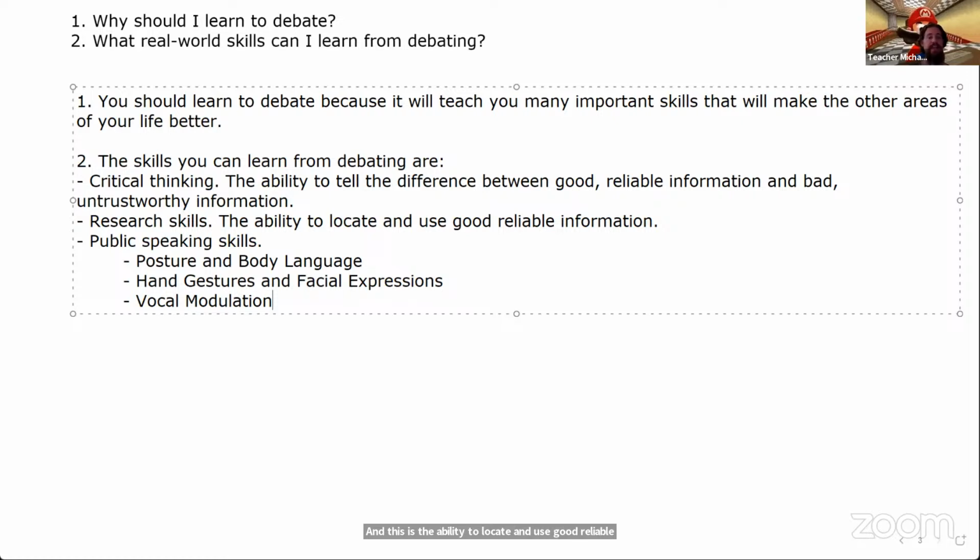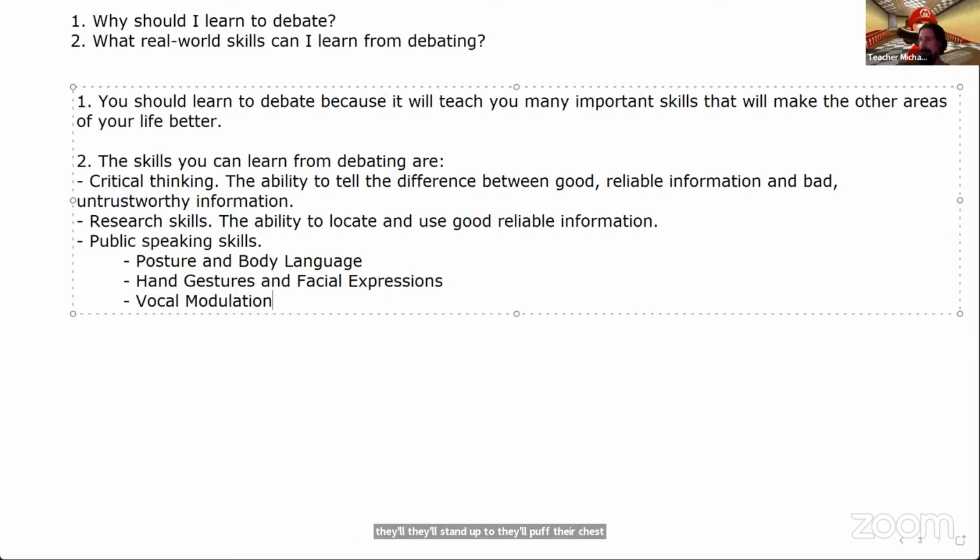You'll learn public speaking skills, such as posture and body language, and what that says about you. So, for example, did you know that people that are more confident and believe in themselves more, they will actually have better posture. So that means they'll stand up taller, they'll puff their chest out, they'll look proud, they'll look like they know what they're talking about.